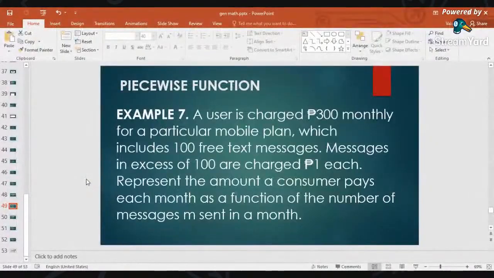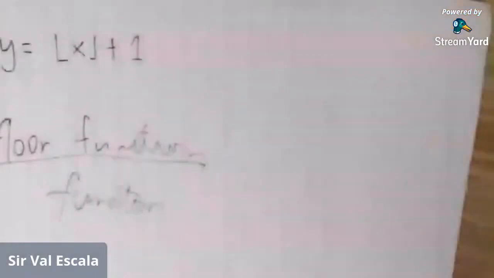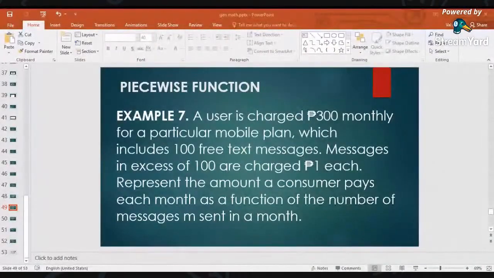Okay. So punta tayo sa aking camera para makita niyo ang aking solution. Okay. So analyze natin mabuti yung problem. Okay, punta natin yung PowerPoint. So nakalagay diyan, a user is charged 300 peso monthly for particular mobile plan.